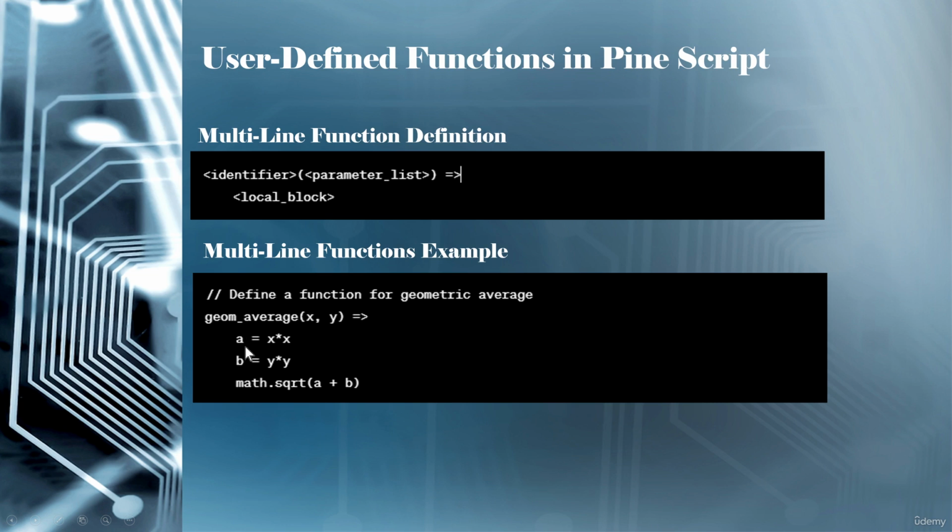These 2 variables are local to this function. Global variables and functions can be accessed within a function. Nested functions and intersecting local scopes are not allowed in PineScript.